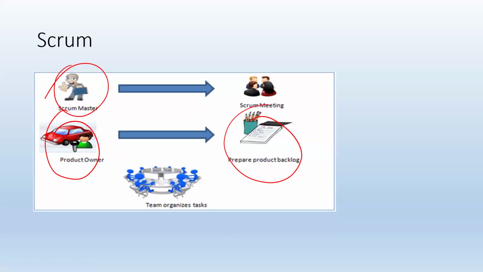In Scrum there are some terminologies you need to understand: the Scrum Master, the product owner, and the product backlog, which I will explain more when we start logging our bugs using that tool called Jira. We download Jira and start using Jira to log bugs. There's also the Scrum meeting, the 15-minute stand-up meeting where all the team discusses the software.